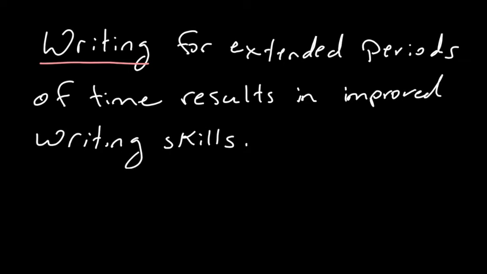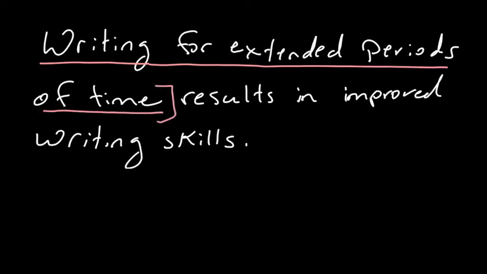So I'm going to include also "writing for extended periods of time," and we stop just before the verb. If you look at this phrase, you can notice that this gerund phrase includes 2 prepositional phrases.